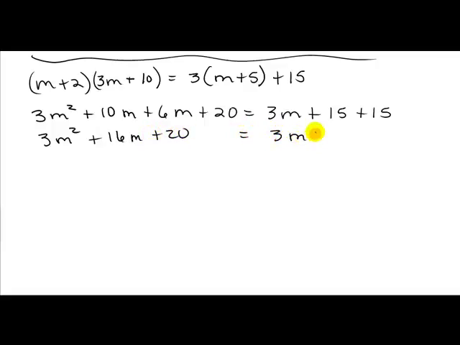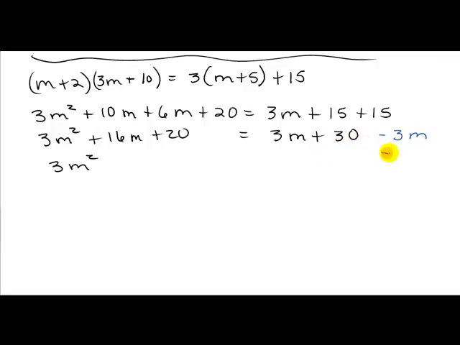equals 3m plus 30. I need everything on the same side. I have 3m squared, 16 minus the 3m, because when I move it over, I have to do the opposite. And I'm going to do both of these at the same time.